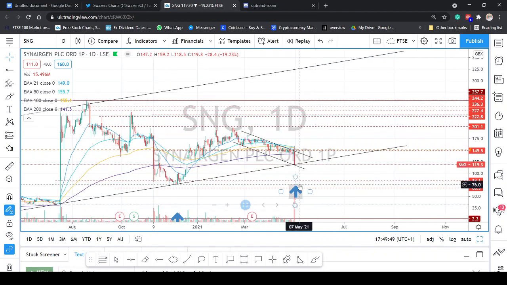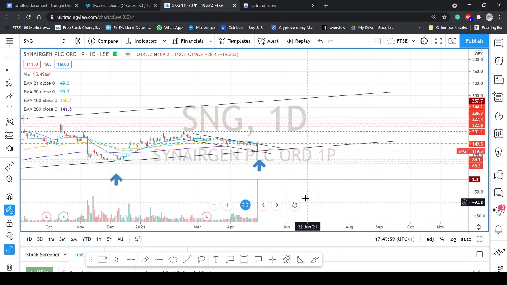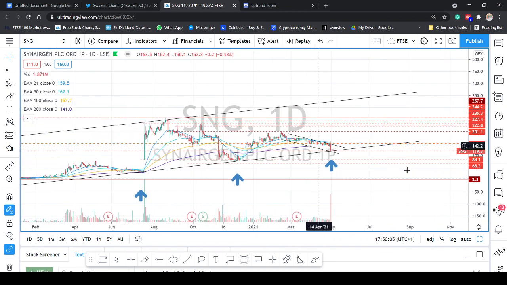Now, what is going to happen? Is price going to use this level as support? And if it does, and the buyers do want to come back in with SNG, we've got the potential for the market structure up ahead moving forward.